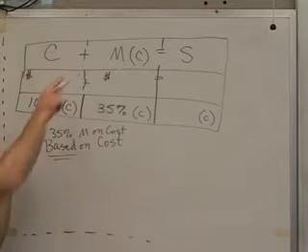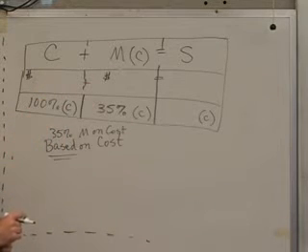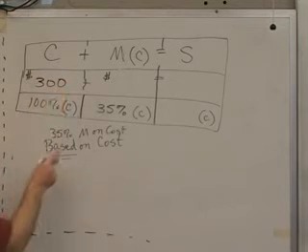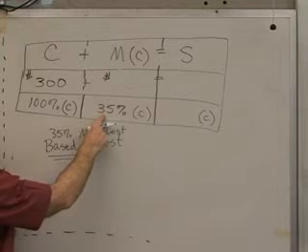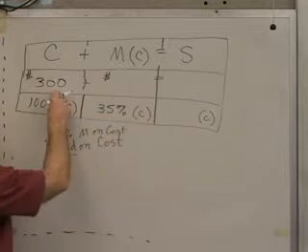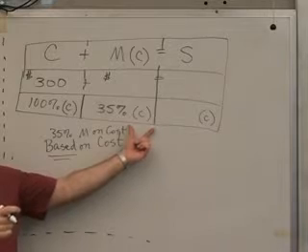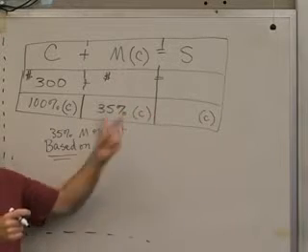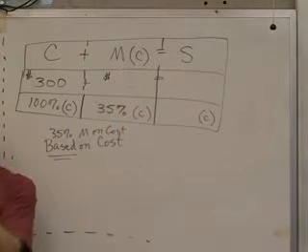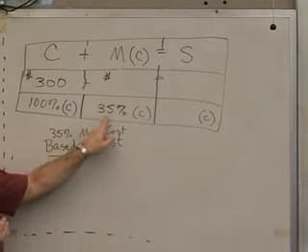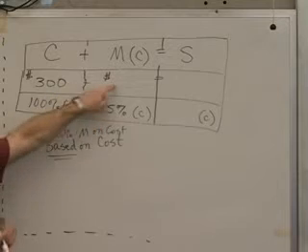Let's say we buy something for $300. We are going to mark it up 35% based on cost. Notice what this letter C does. When you see something in parentheses next to something else, what does that mean mathematically? It means multiply. So if we take 35% times the cost, that'll give us the margin. The margin is 35% times the cost.